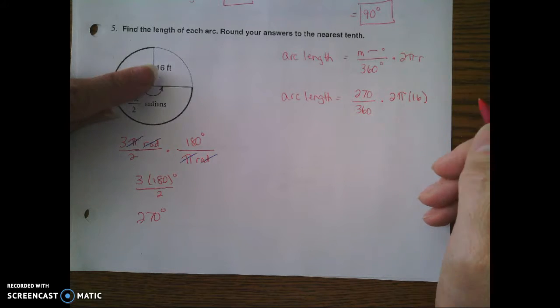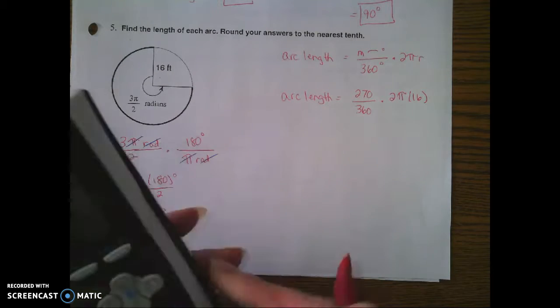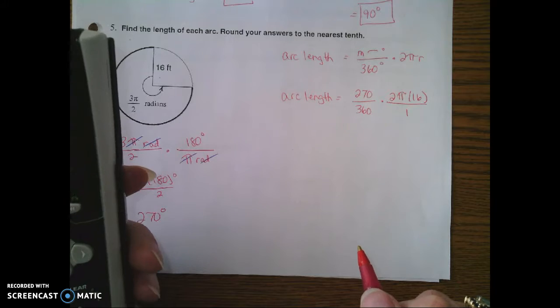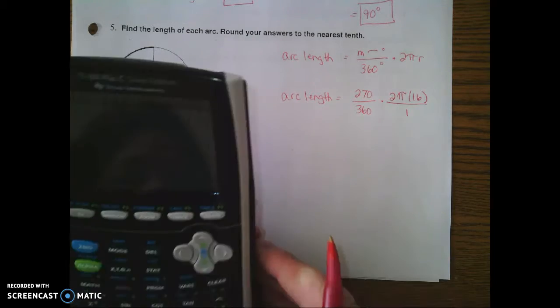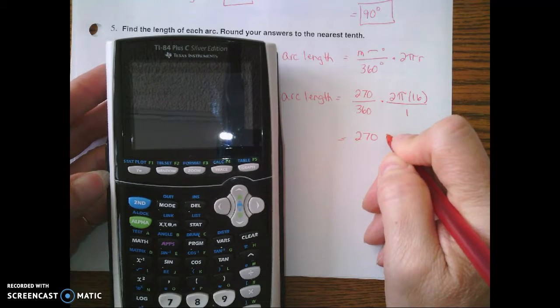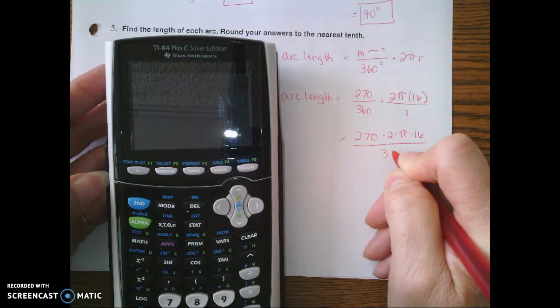The only units left are going to be feet, since length should be in feet. So this is all really 270 times 2 times pi times 16 divided by 360.